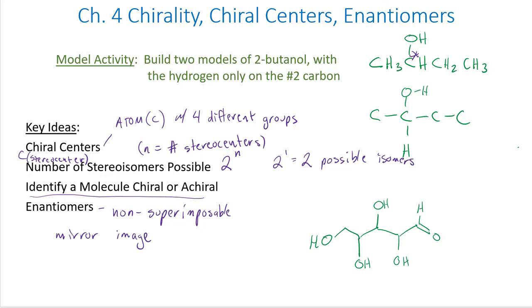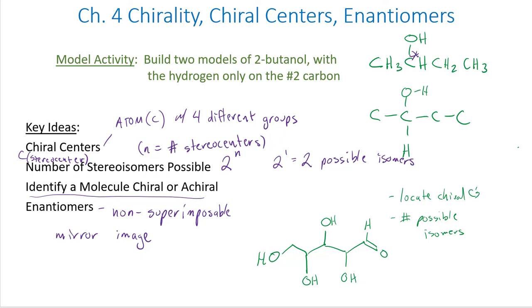So let's use this pentose, or 5-carbon sugar, as an example. See if you can find all the chiral centers and then figure out the number of possible isomers. Now, in locating a chiral center, we're looking for a carbon that has 4 different groups attached.